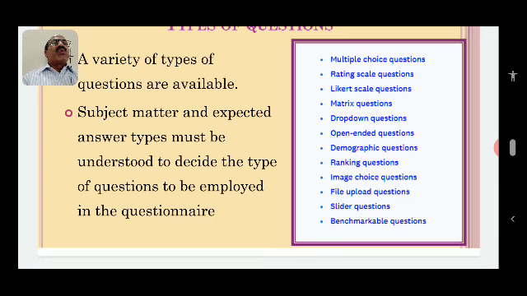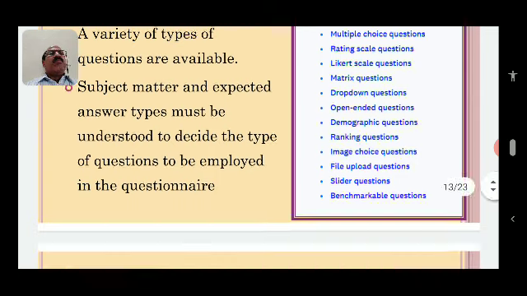So multiple choice questions, rating scale, Likert scale, matrix, drop down, open-ended, demographic, ranking, image choice. So photography is also required. Suppose you are taking something like a crop, or the fruits in that area, you can take a photograph. File upload, then slider questions, benchmarkable questions, so many.